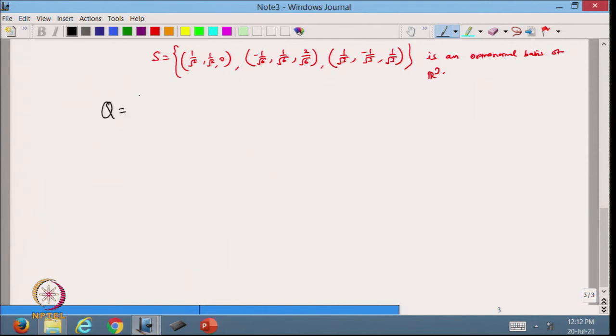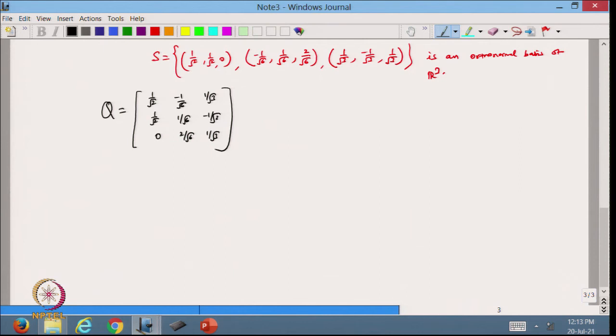I represent this matrix by Q. So, in the Q, what am I writing? I am writing these vectors as column vectors: minus 1 by root 6, 1 by root 3, minus 1 by root 3 and 1 by root 3.